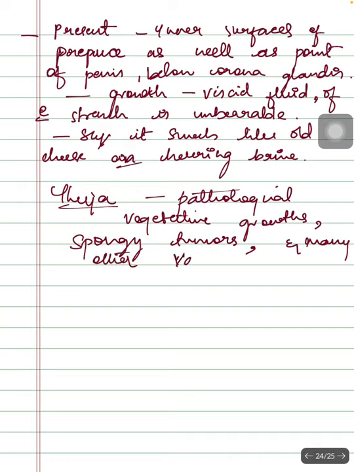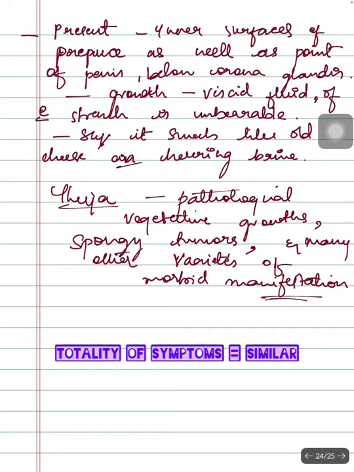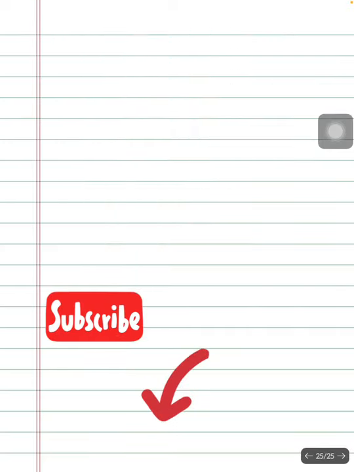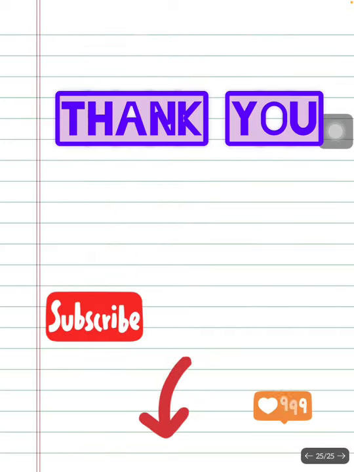It is said to have a strong action over the lymphatic secretions, and very strongly over the nervous system also. And whenever there is something like pathological condylomatous growths or any warty excrescences, then you can think of Thuja, based on the totality of the symptoms, whenever the remedy is very much similar to that. Similia similibus curentur is very much like yours, like in homeopathy. So just don't forget that.